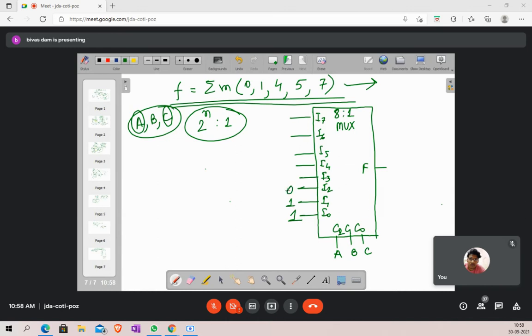So rather, we will simply connect logic 1 to the required lines, that means I0, I1, I4, I5 and I7. In these 5 input lines I will connect logic 1, and the rest of the input lines will be connected to logic 0. So I0, I1, then I4, I5, then I7.